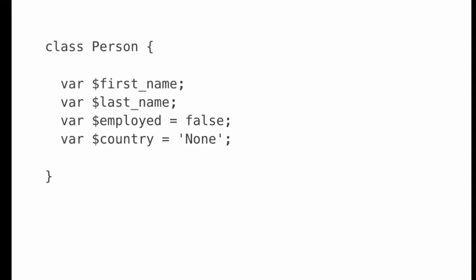You can see that all of them begin with that var keyword to let it know that it's defining a property, followed by the variable name with a $ sign in front of it. For the first 2, there's just simply a semicolon at the end of the line. For employed and country, there's also a default value that's being set. So it's being initialized to employed equals false and country equals the string none.